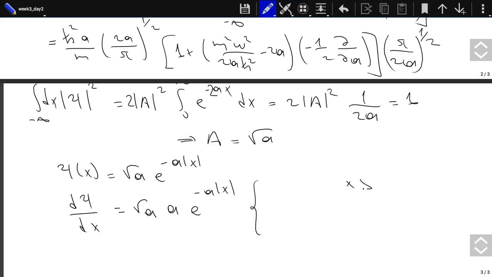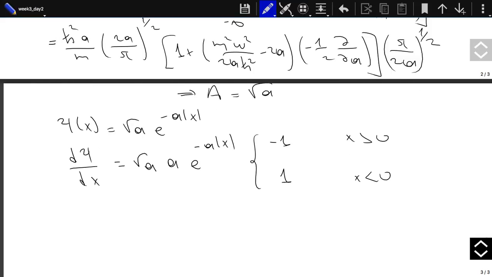If x is larger than 0, then the absolute value of x is just x, so when you take the derivative there is a minus a in front, so there's a minus 1. When x is less than 0, this is e to the power ax without the minus sign, so when you take the derivative there is just a in front, a plus 1. This is the first derivative.